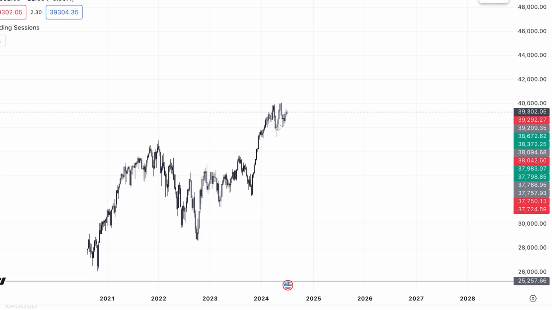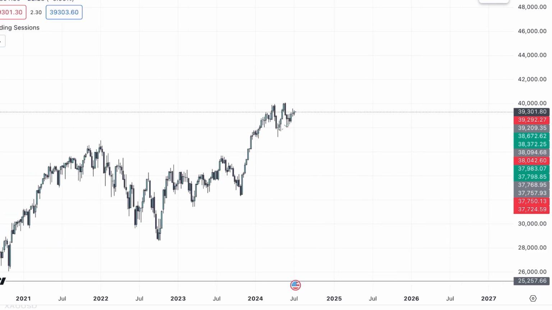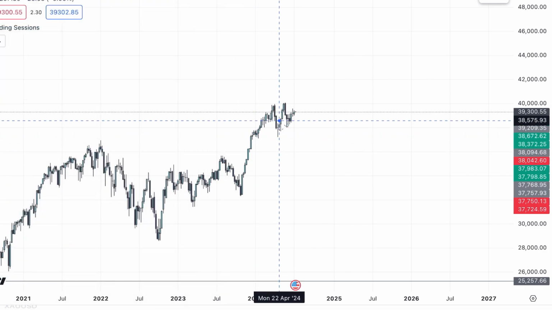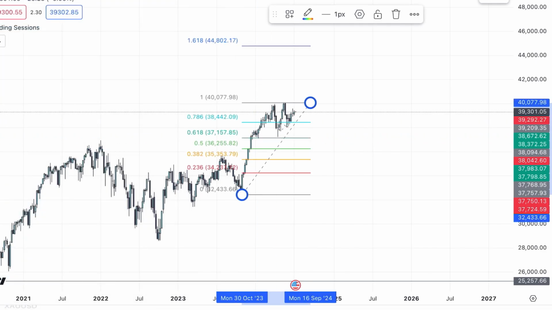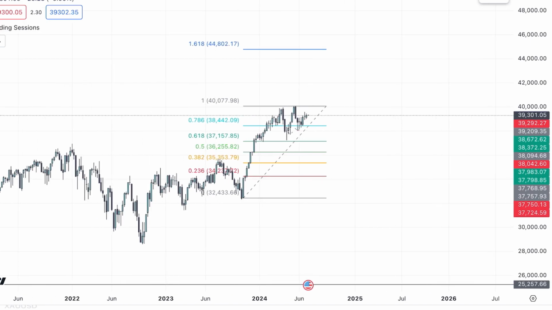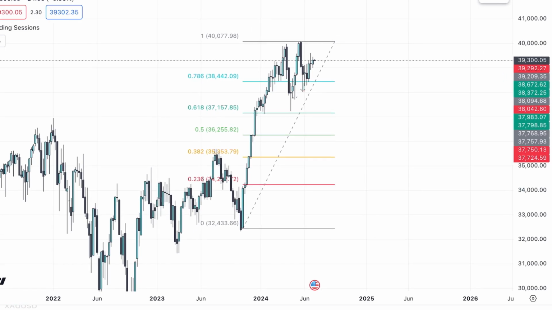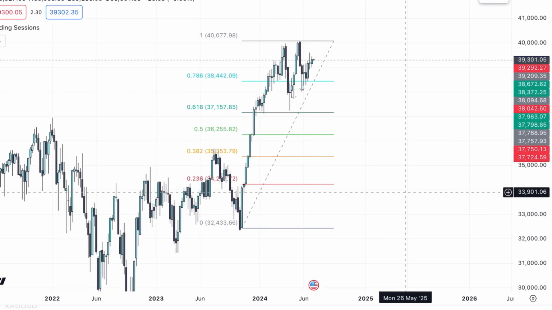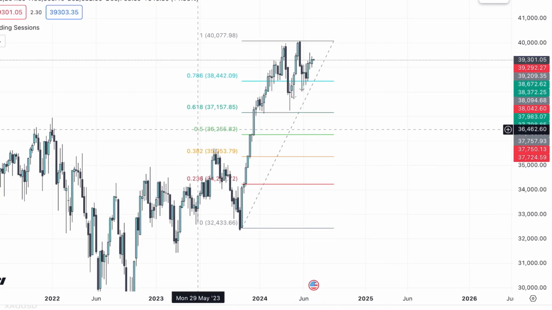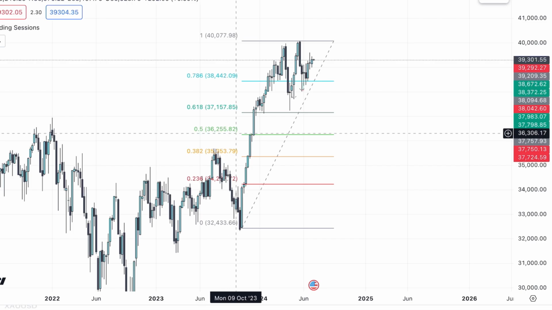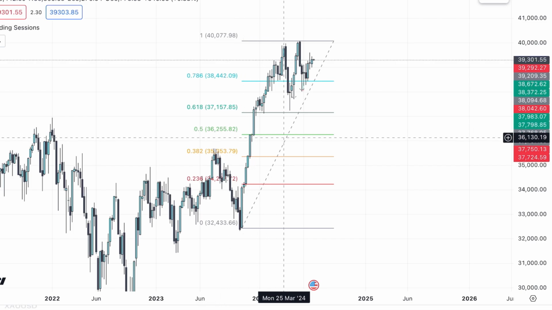If you want to see exactly 50% of the leg, you can also use what we call the Fibonacci retracement. The 50% of this leg is at 0.5, which is the 36,255.82 mark here.